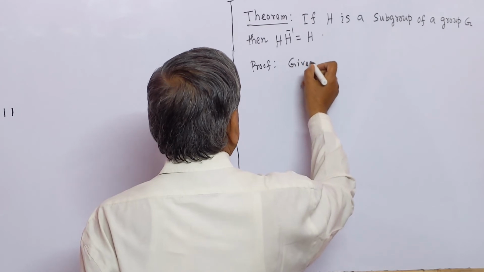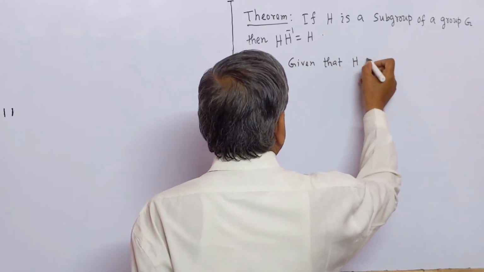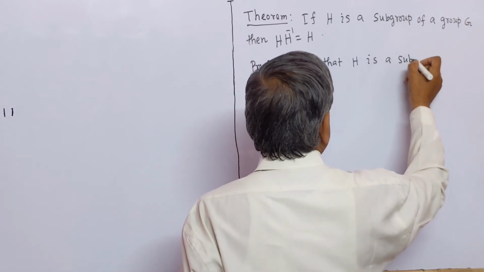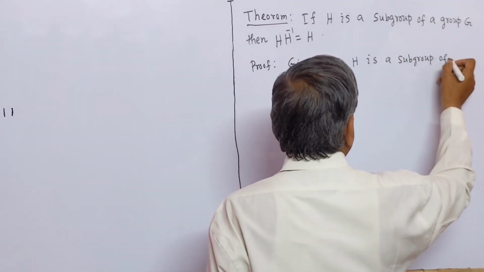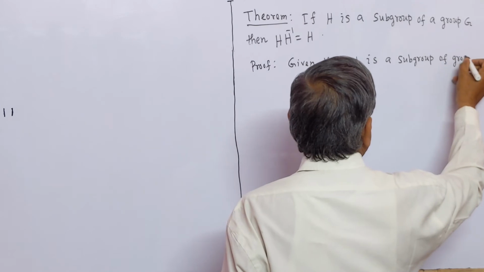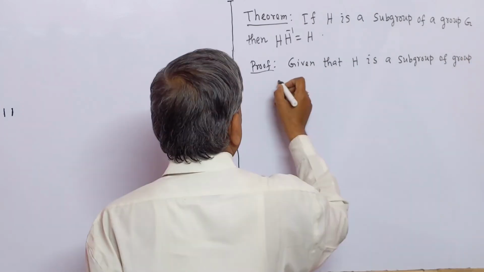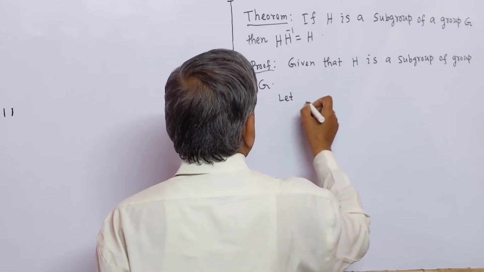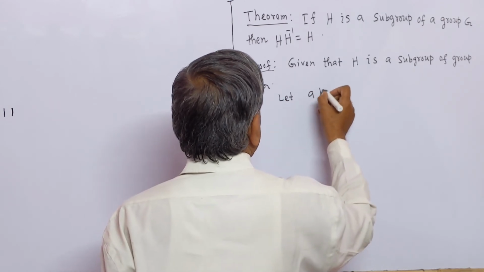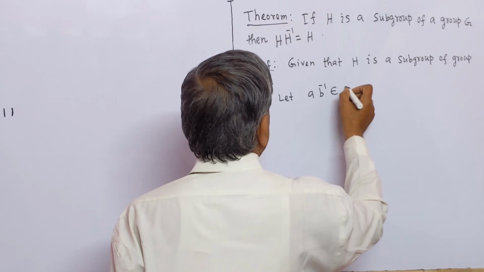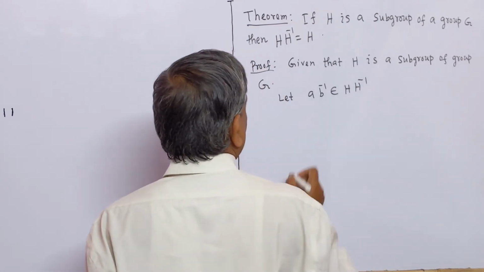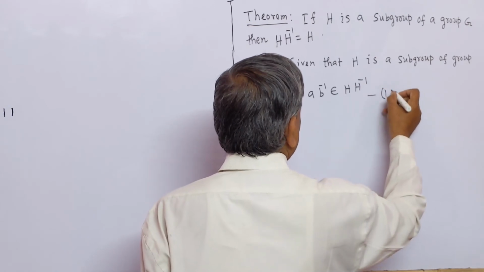Given that H is a subgroup of group G, let ab inverse belong to H inverse. This is number 1.